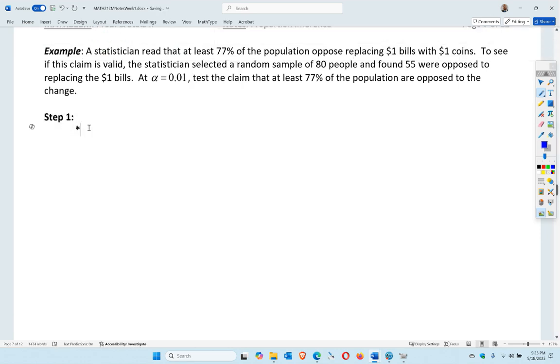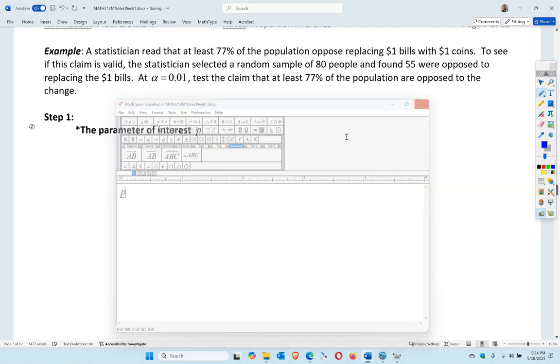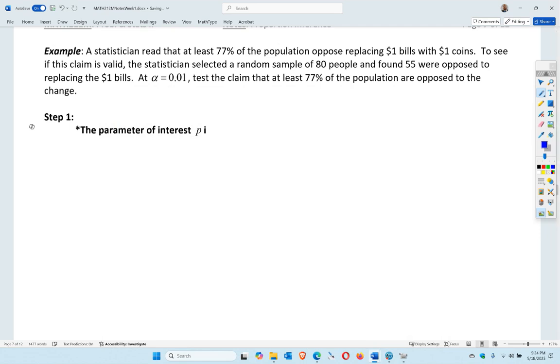Okay, the parameter of interest P is the proportion of people who oppose replacing the $1 bill with a coin.